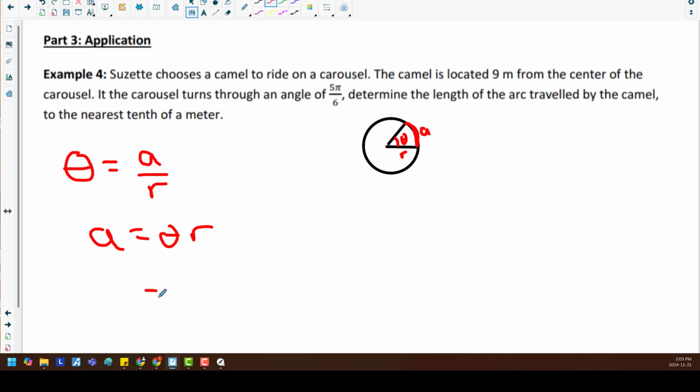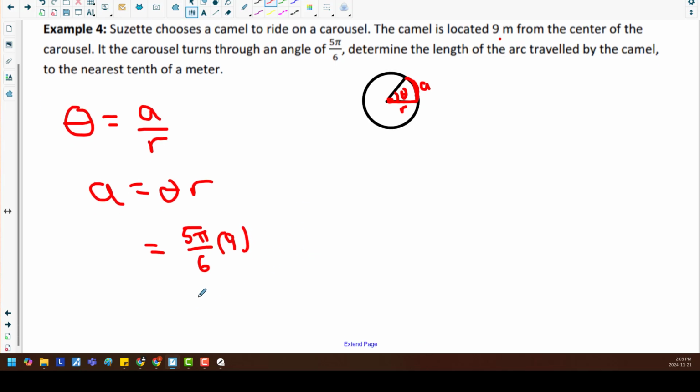We know that if the angle is 5 pi over 6, that's theta. It's in radians. And we know that the camel is located 9 meters from the center of the carousel. So that's our radius, in case you haven't figured that out. So arc length is just 9 times 5 pi over 6.